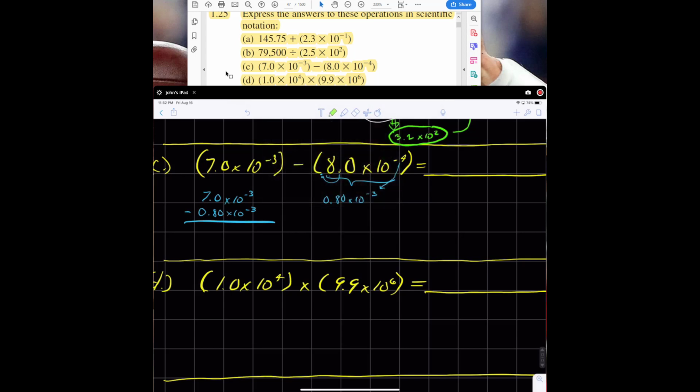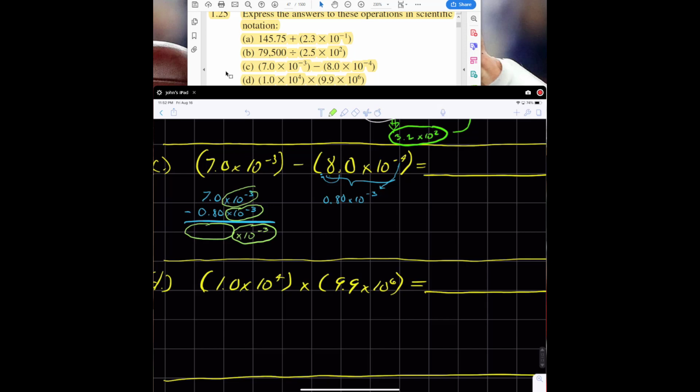And because the times 10 to the minus 3 is the same for each, that means that whatever our answer is that we get down here, that's also going to have times 10 to the minus 3 to it. Alright? So we can simply, after setting it up like this, do mental math, or we can type it into the calculator to just be sure.